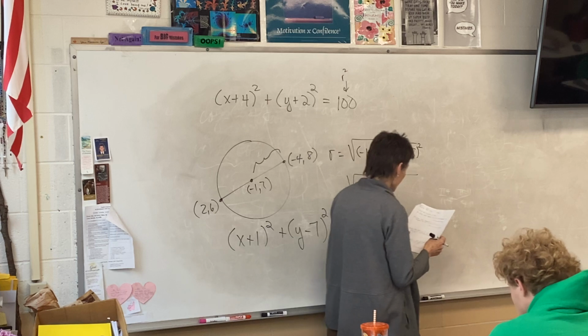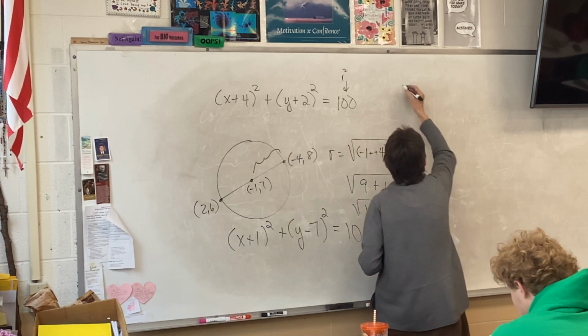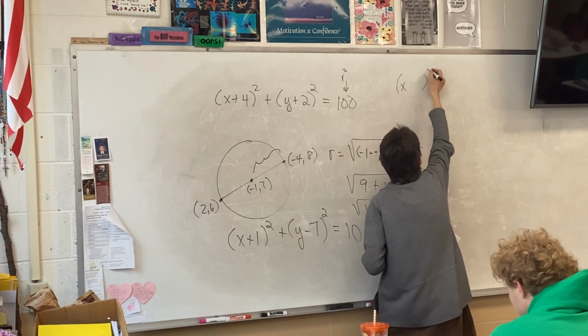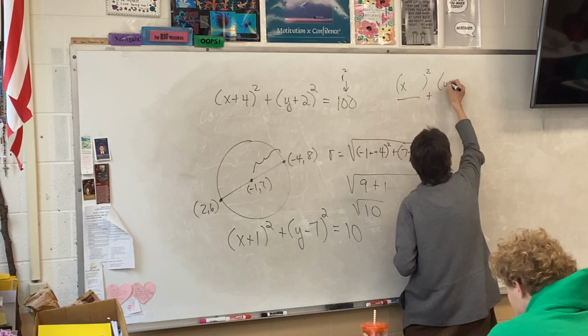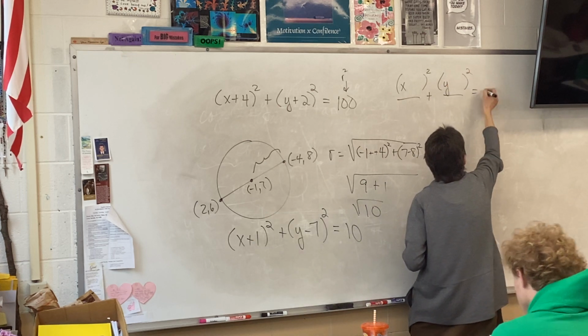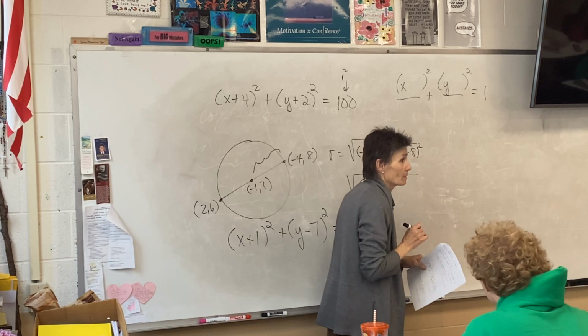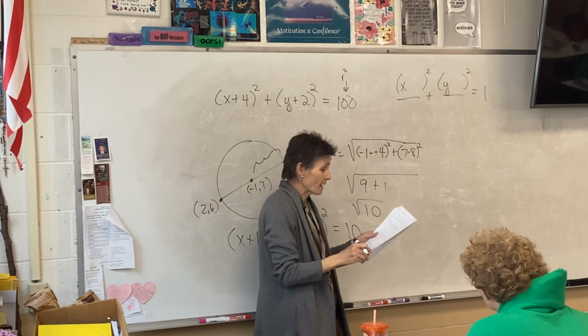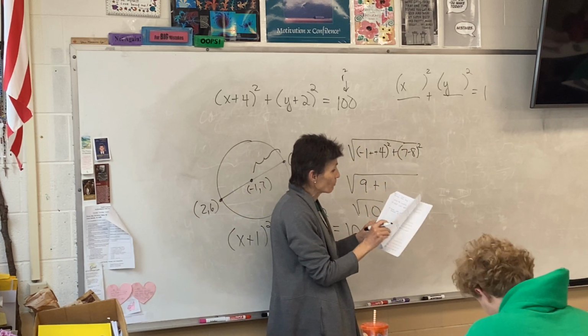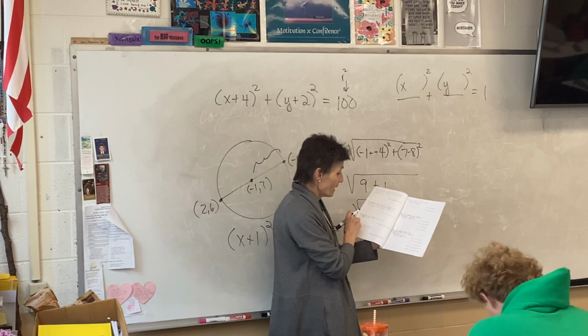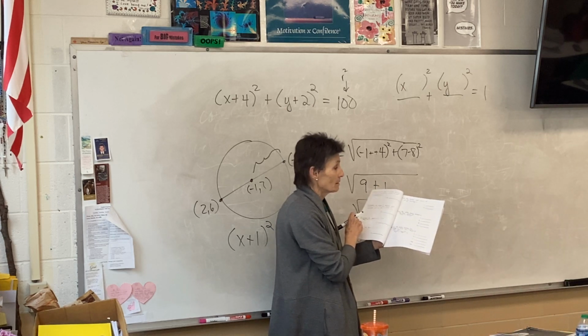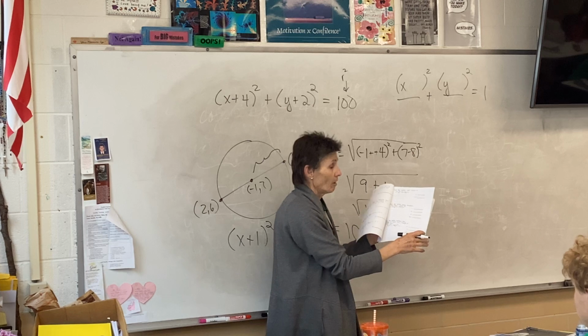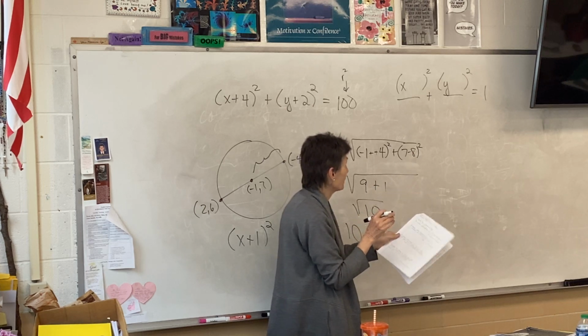Now we're going to write the equation of an ellipse. So an ellipse looks like this. Now if we forget, all we have to do is turn to another page of the test and we'll find an ellipse. There's one of each on the test, so you know what they look like.